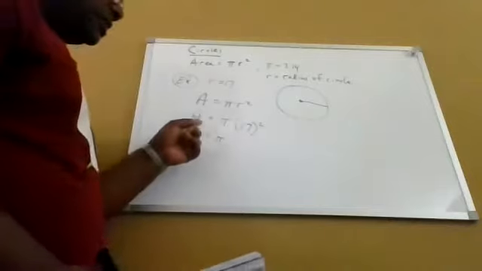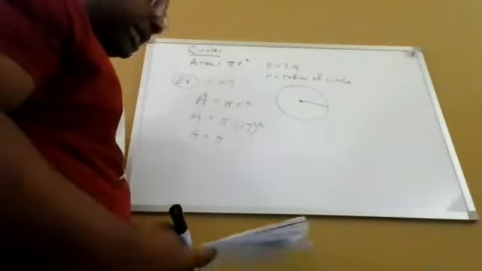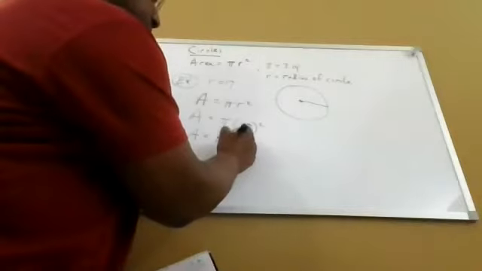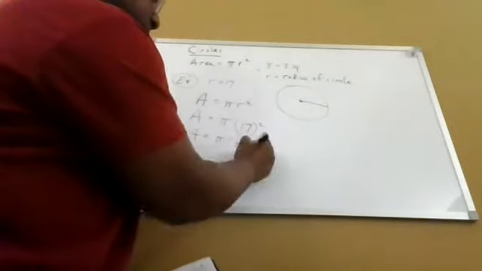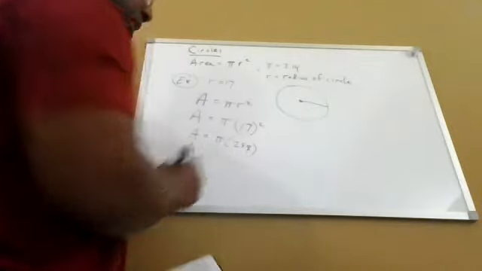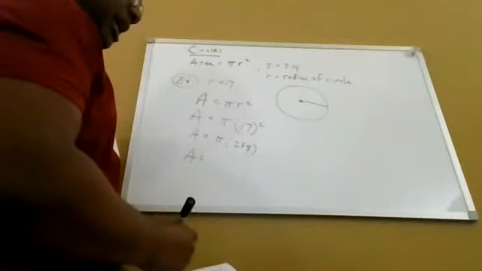So we got area equals pi times 17 squared. 17 squared is 289. So my area is going to equal 289 times pi.